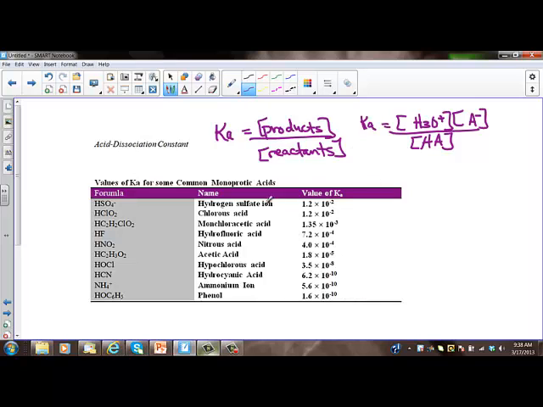And my Kb would be the concentration of the products over the reactants as well.